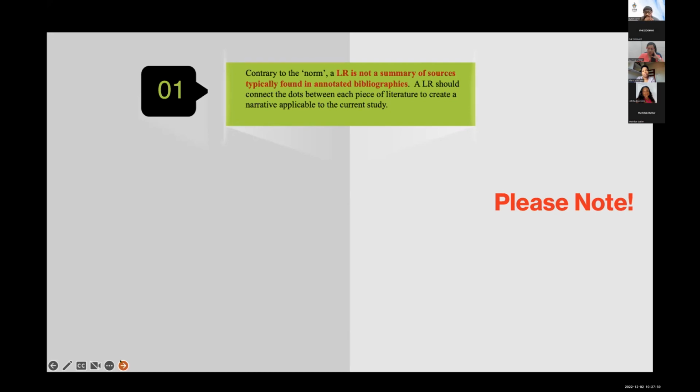So one of the things I want you to take away, if nothing at all, from this presentation is that when you are through with your literature review, what you have is a narrative that links all the pieces of literature you have consulted, states what each says, and connects the dots between all of those pieces to say, based on what already exists, this is where my study fits. So it helps to ground your study. All right. So it is not a summary.